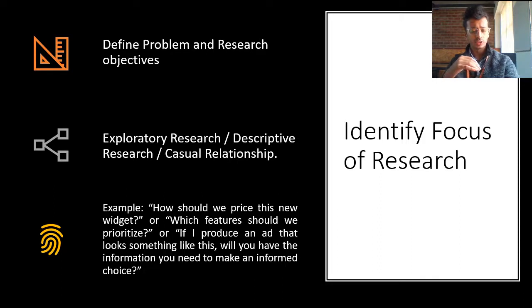Exploratory research is where an organization is performing research to find out something about any product or organization or feature that they do not know about yet. They don't know much about it, but they want to learn more about it. This is essentially exploratory research.